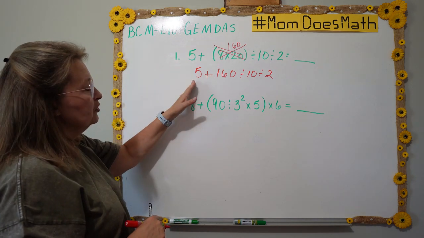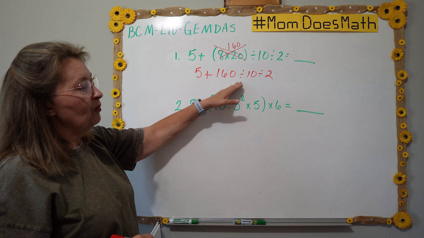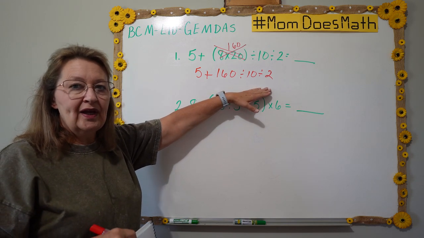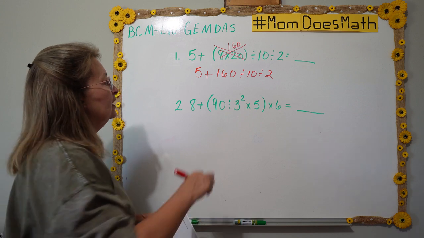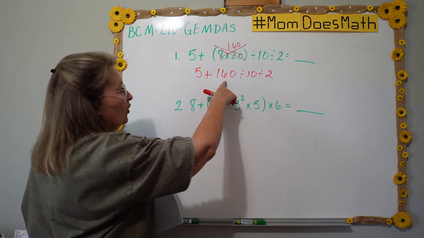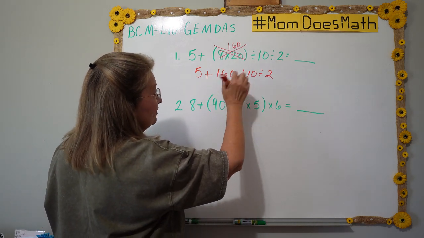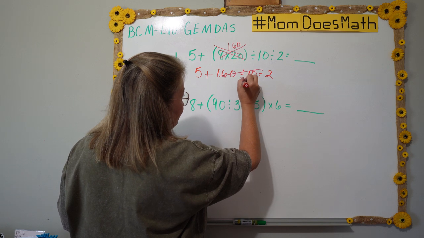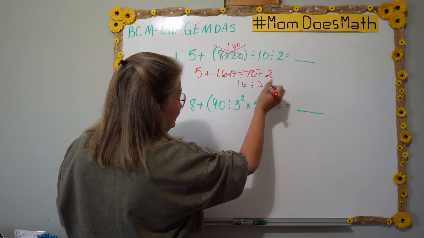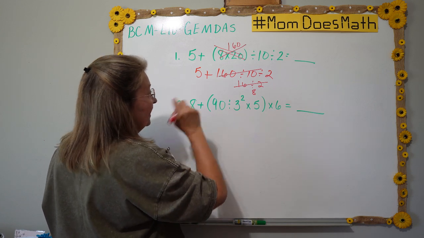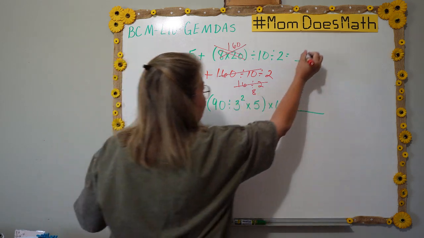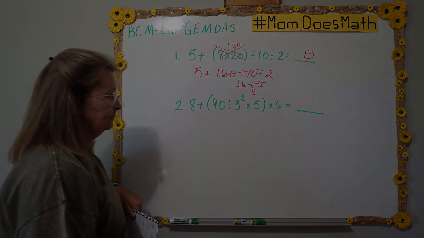I'm going to come back here to my left and I'm going to march my way through this problem, and I'm going to do any multiplication or division as I come to it. So I'm not adding. 160 divided by 10, what is that? 16. And then 16 divided by 2, what is that? That's 8.